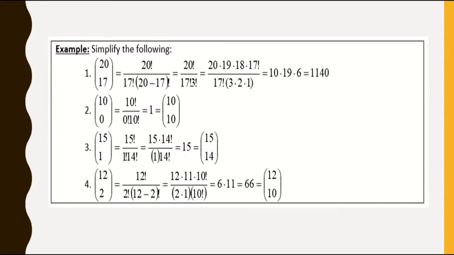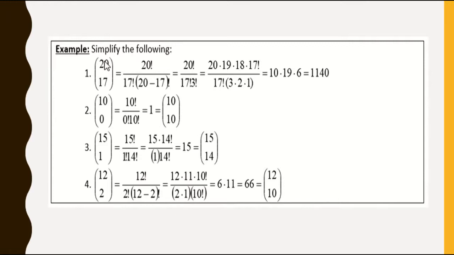So, anyways, para masabtan nato jud maayo, let us have the following example. Simplify the following. So, number 1. Kung given nato 20 taken 17 at a time, that is equal to, so from our formula of n taken r at a time sa itong binomial coefficient, that is equal to 20 factorial over 17 factorial times 20 minus 17 factorial.